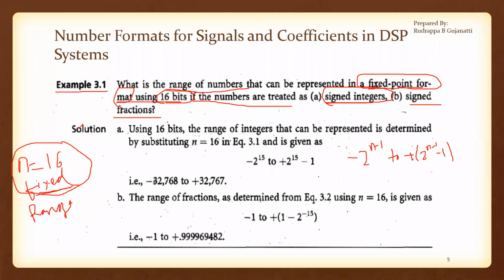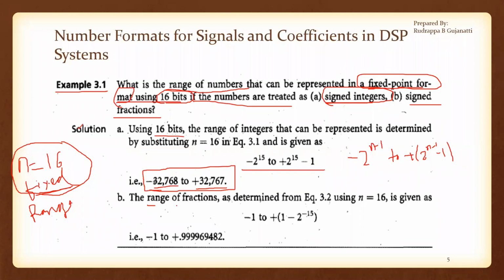When I substitute n over here, I get minus 2 raised to 15 to plus 2 raised to 15 minus 1. When I solve it, I get this particular range: minus 32,768 to plus 32,767. These are the numbers I'll be able to represent from minus to plus when n is equal to 16.